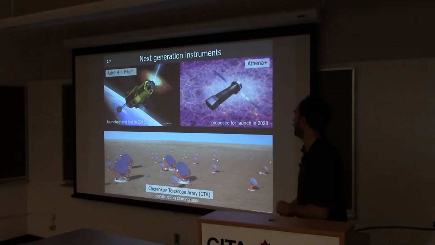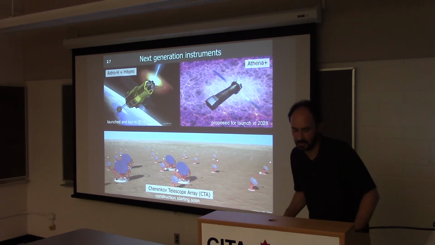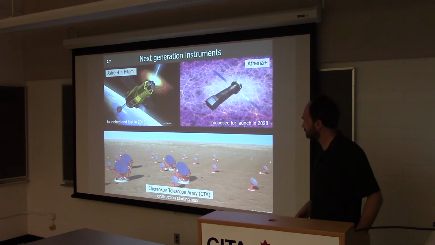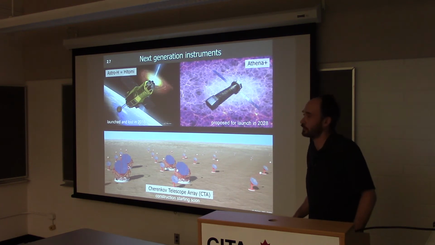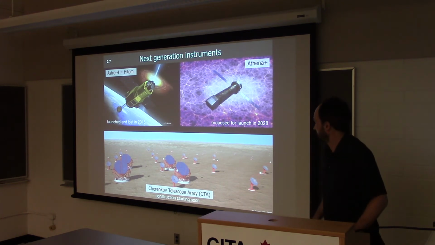So Athena is a mission that is proposed, but not before at least 10 years. AstroEdge was actually launched and named Hitomi, and lost very soon after because of a string of human errors.